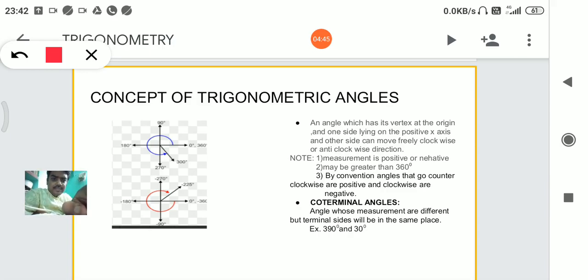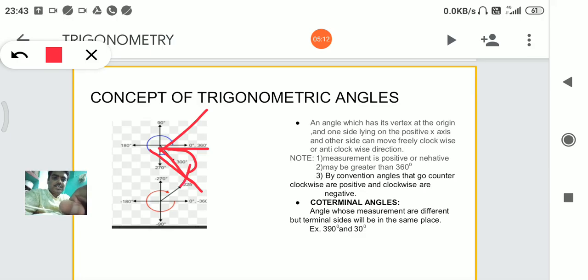But if the other ray moved in clockwise direction, say 60 degree, the line moves and overlaps with this line.